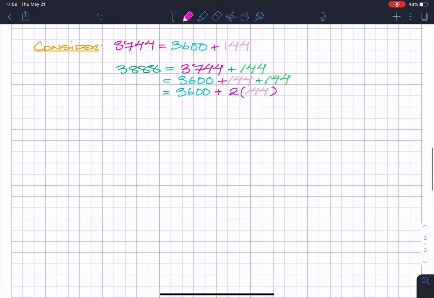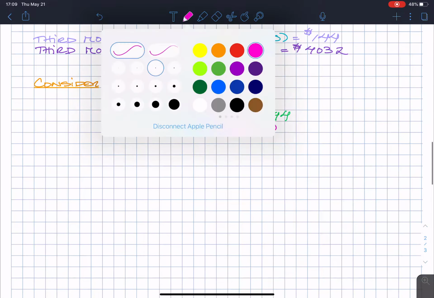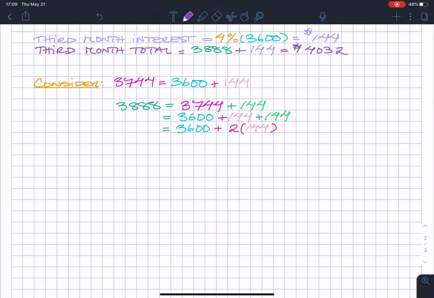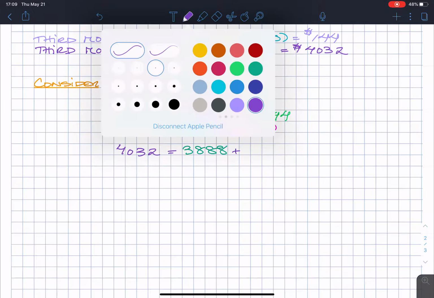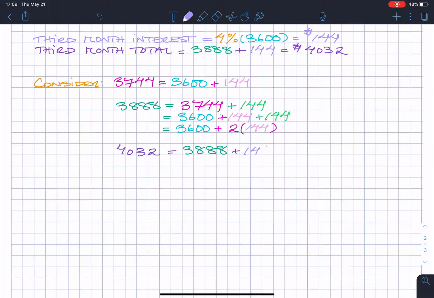Now let's look at the third month total, which was $4,032. Well, that's just the second month total, $3,888, plus $144. But we just found out that $3,888 is what?